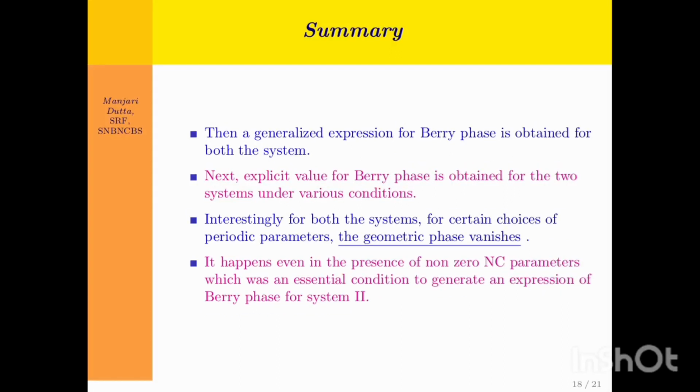Then a generalized expression for the Berry phase is obtained for both systems. Next, explicit values for the Berry phase are obtained for the two systems under various conditions. Interestingly, for both systems, for certain choices of periodic parameters, the geometric phase vanishes. It happens even in the presence of non-zero non-commutative parameters, which was an essential condition to generate an expression of the Berry phase for system 2.